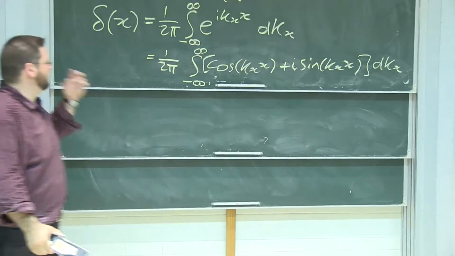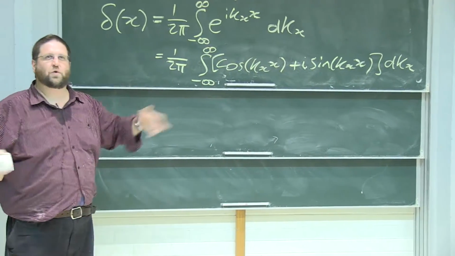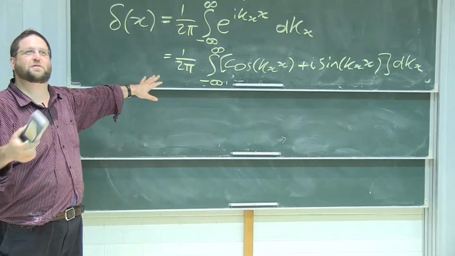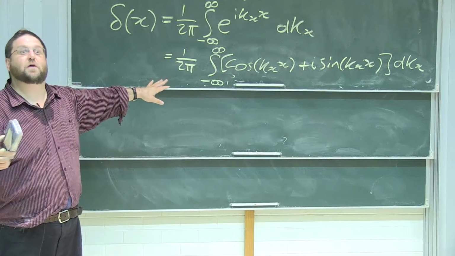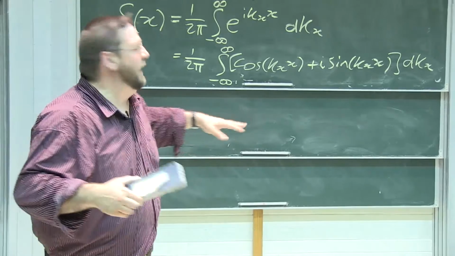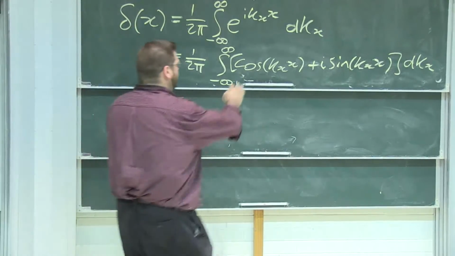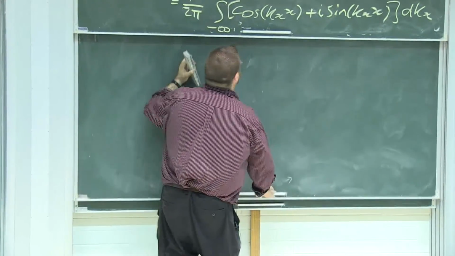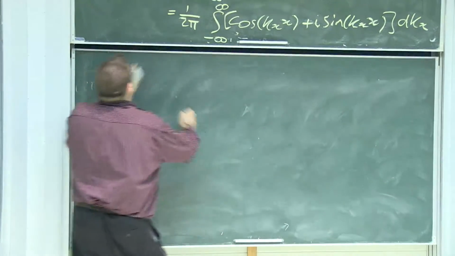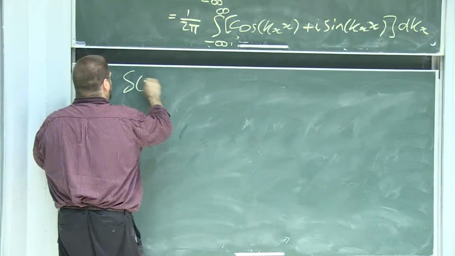So this is now two integrals. Any words pop into your head as you stare at this? It has an imaginary component. So there's a real part and there's an imaginary part. All right, so this is our Dirac delta.